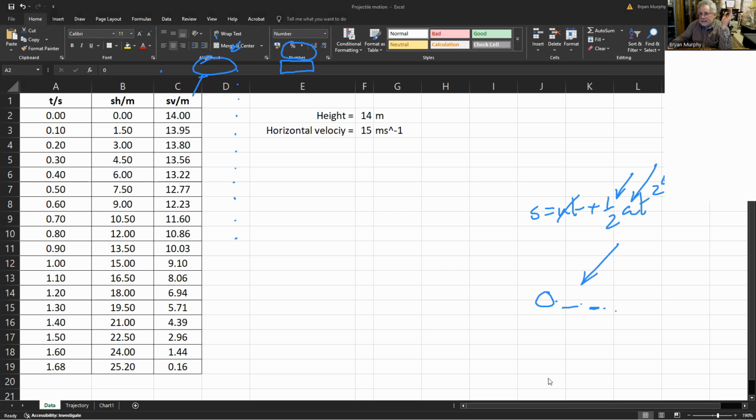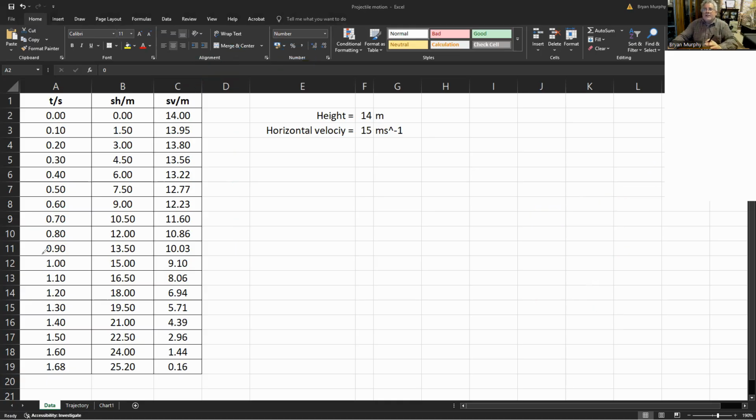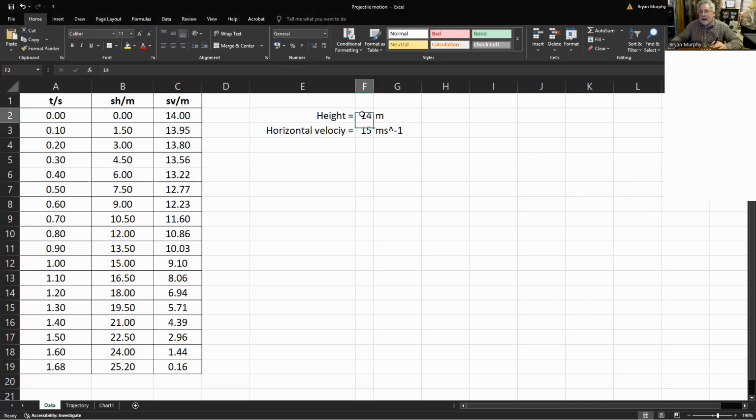Where's my annotations gone? There they are. I'm going to rub out all that stuff. So I've changed my horizontal velocity to 15, but I can change it to anything I like. So I've put my horizontal velocity into cell F3. I've put my height in cell F2.